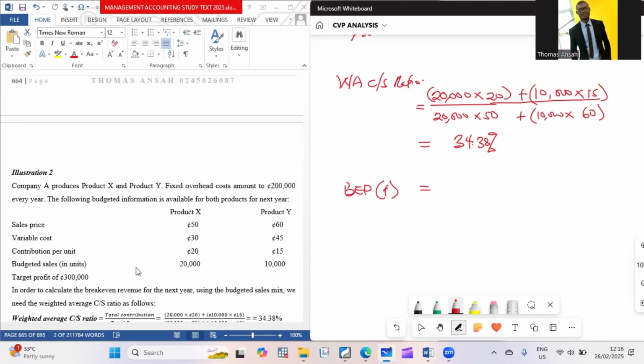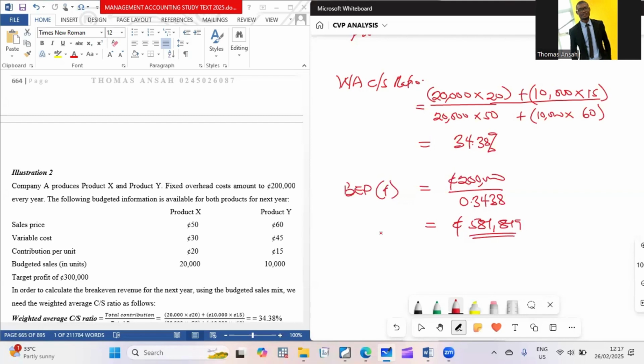So the total fixed cost in the question was given at 200,000, over my contribution 0.3438. If you do that, this gives me around 581,809. Let's take it like this.